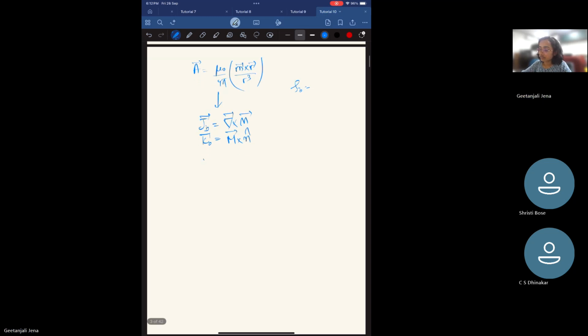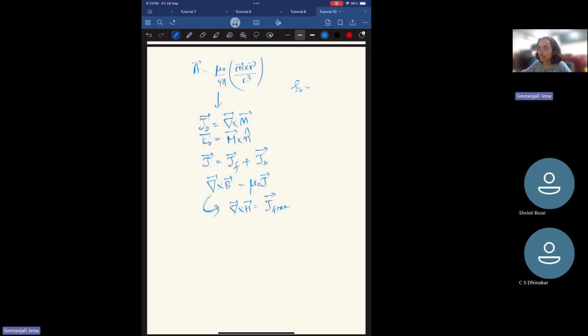You can write the total current density as the free current density plus the bound current density. If you put this J in curl of B equals mu naught J, you can rewrite it as curl of H is J free. You have already seen these in the lectures.